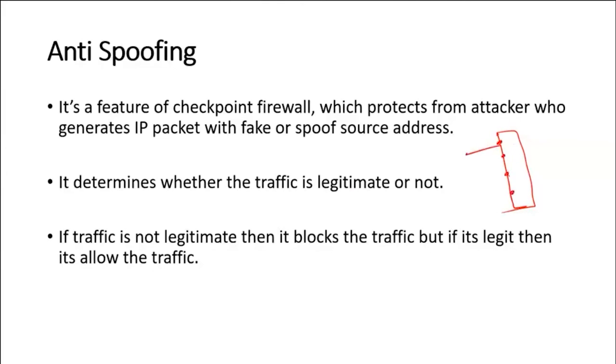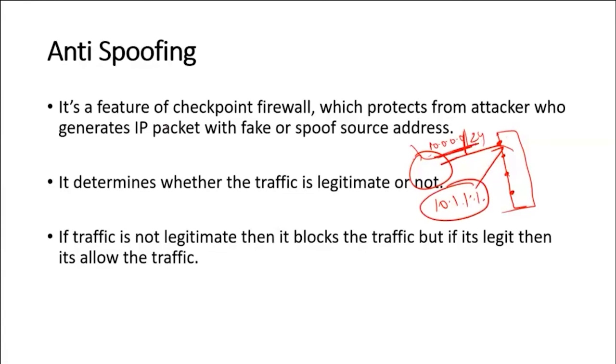For this interface, we have assigned some IP addresses, or this interface is connected with a subnet called 10.0.0.0/24. From this interface, we have configured only this. But if someone is coming to this interface with some other IP address, consider 10.1.1.1, which is not configured here, it will check that and prevent the traffic.